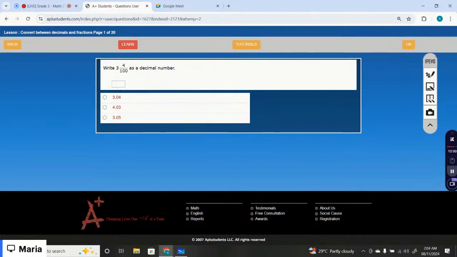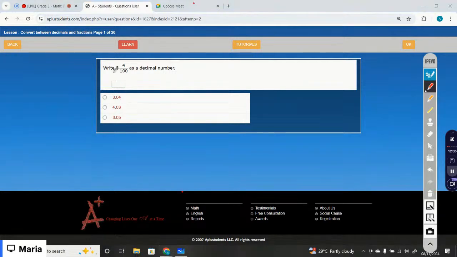So how do you write it? The whole number is 3. Then 4 over 100. Let's write 4 over 100 in decimal form. You have two zeros over here, so you need to move the decimal point 2 places left. You have only one digit, so add a 0 and move the decimal point.